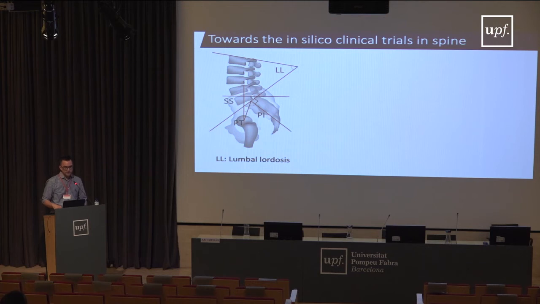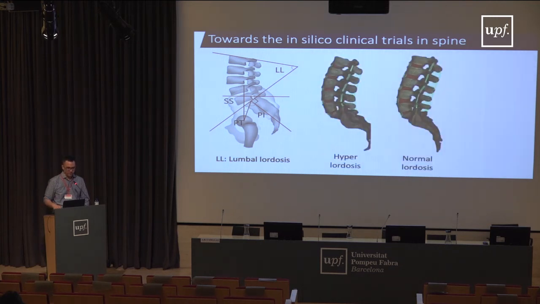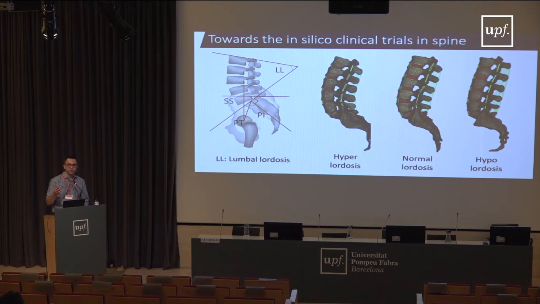My last topic is about the difficulties, because if in the future we want to perform clinical trials using finite element models in spine, we need really good models. A recently published paper showed that spine is quite complex because it's not a rigid body.